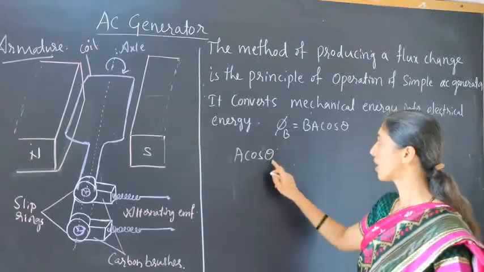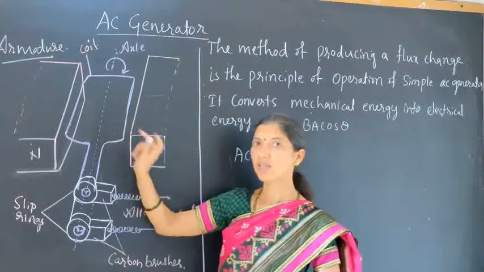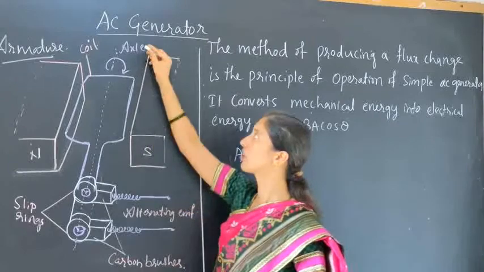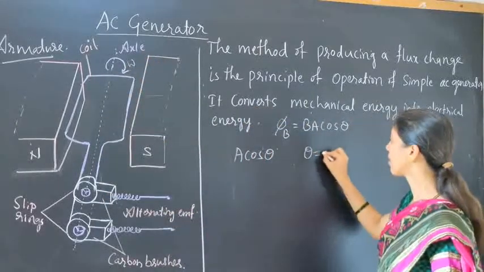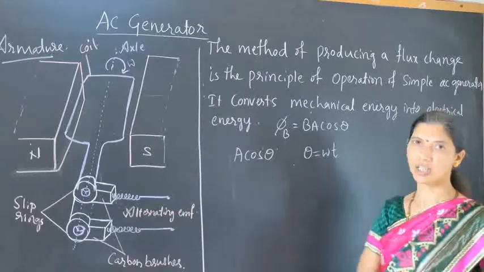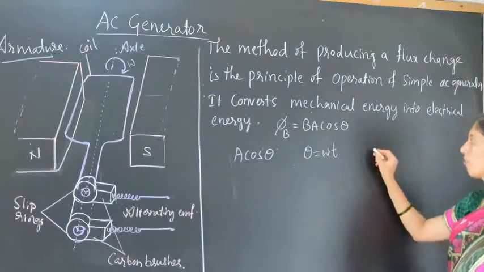When this coil is rotated with a constant angular speed omega, theta is equal to omega t. So we have to consider different times.